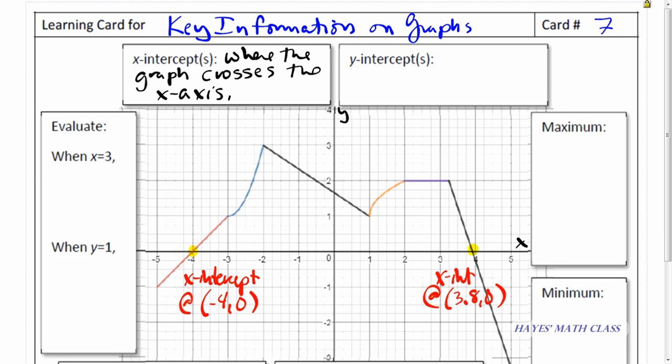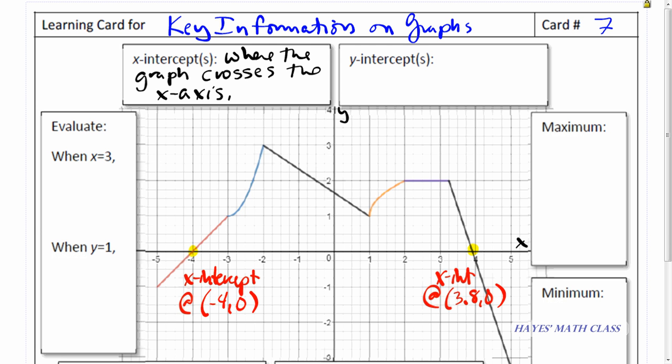But anyway, it's a point, and when you students just start listing off like -3 or -4 and then 3.8 and stuff, it gets all loose. And I found that if you list it as a point, life is much, much simpler.